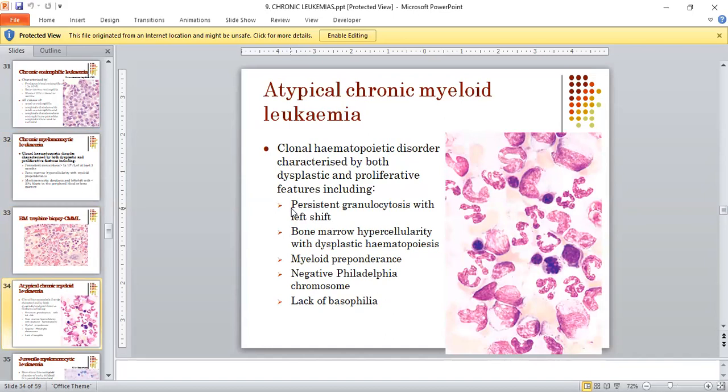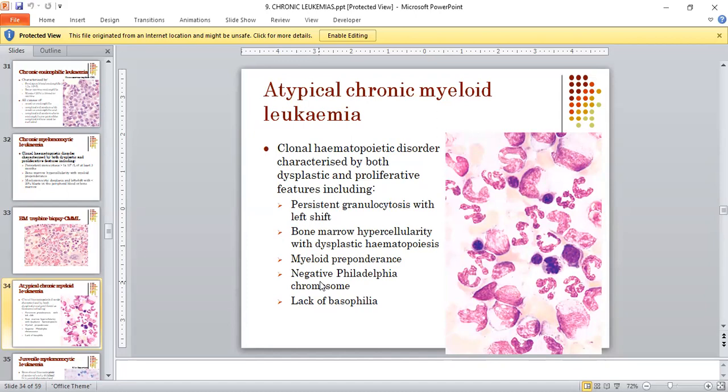This is a clonal hematopoietic disorder characterized by both dysplastic and proliferative features, including persistent granulocytosis, bone marrow hypercellularity with dysplastic hematopoiesis, negative Philadelphia chromosome, and lack of basophilia. So it's atypical mostly because of the negative Philadelphia chromosome.